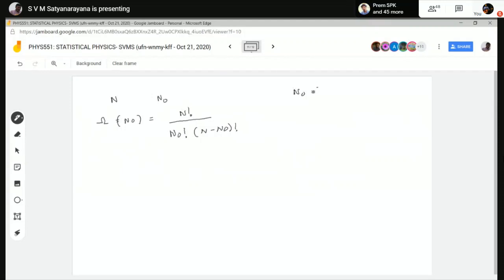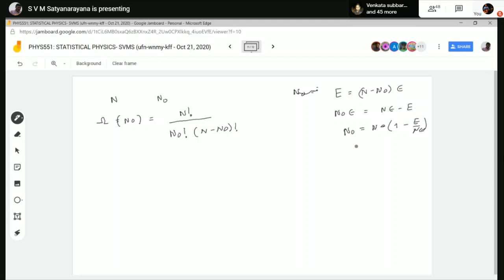Your total energy is given by n minus n0 into epsilon. So n0 into epsilon is equal to n epsilon minus E, or you can write n0 as n into 1 minus E by n epsilon.